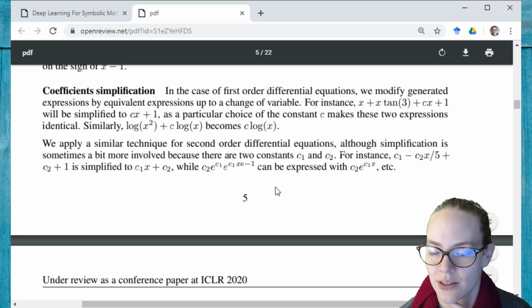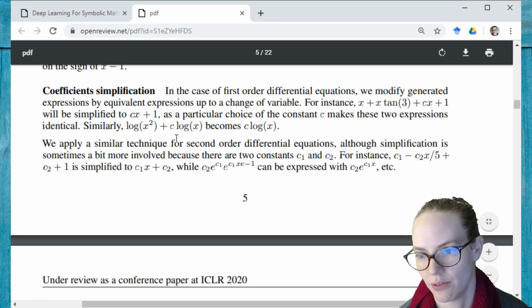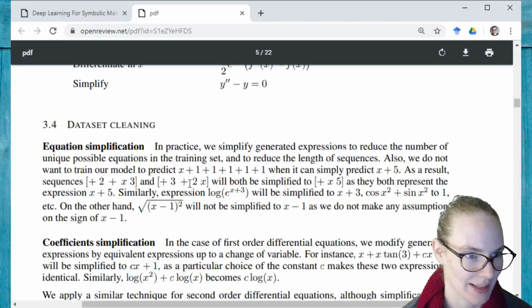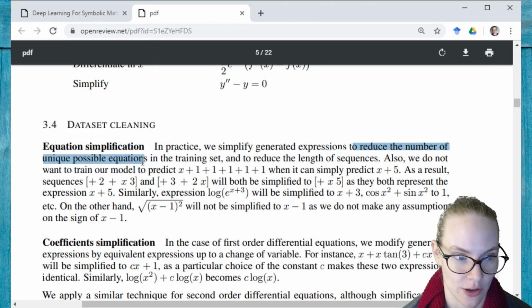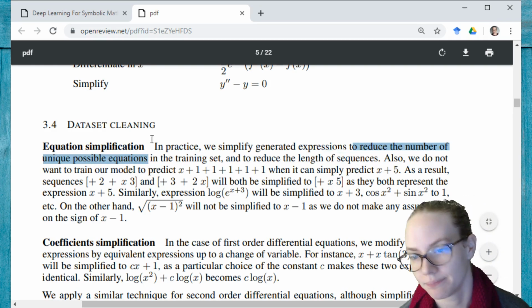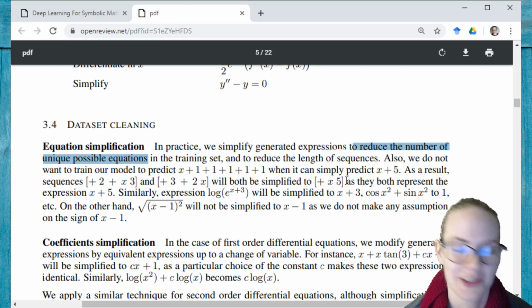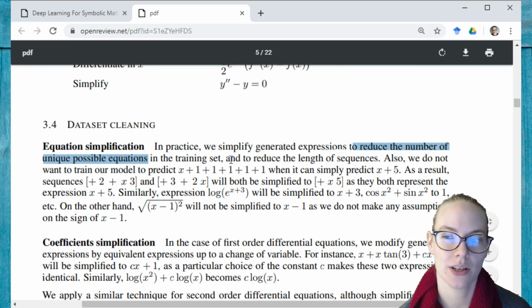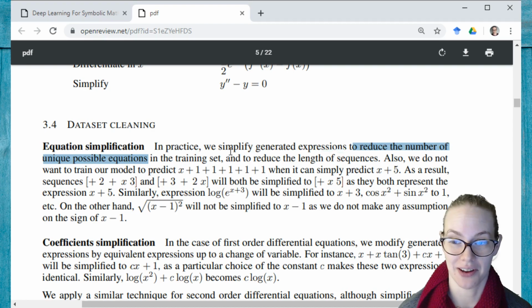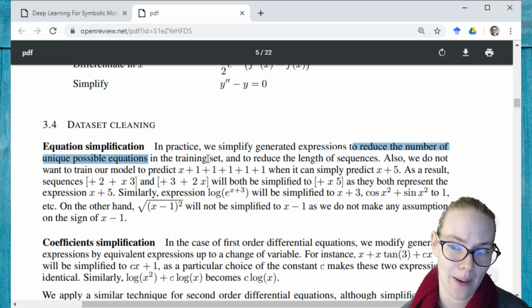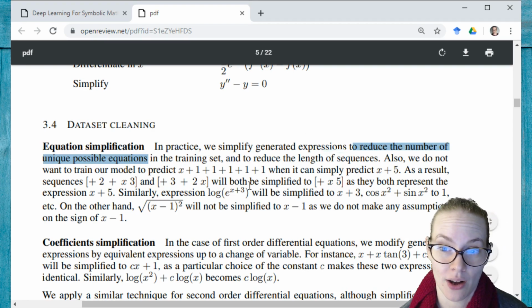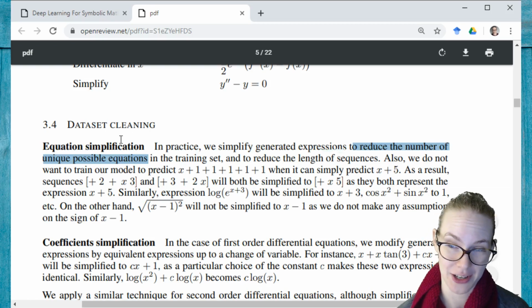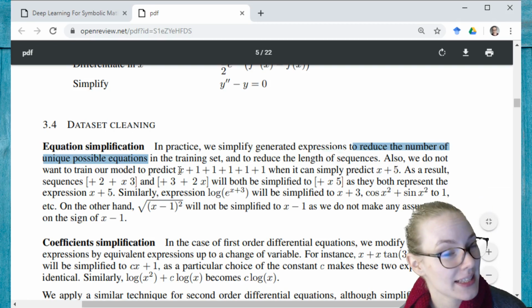Okay, so they're just taking the most simplified version of their equations so that they are less long, it sounds like, and also to make sure that they don't have a huge training set. Which is interesting. My intuition is that from a data augmentation standpoint, having a larger number of unique possible equations would actually be better, but I don't know that that's actually the case.